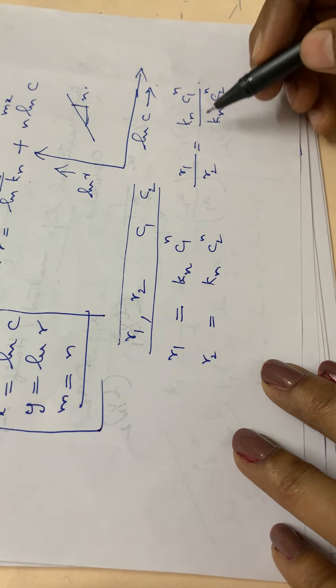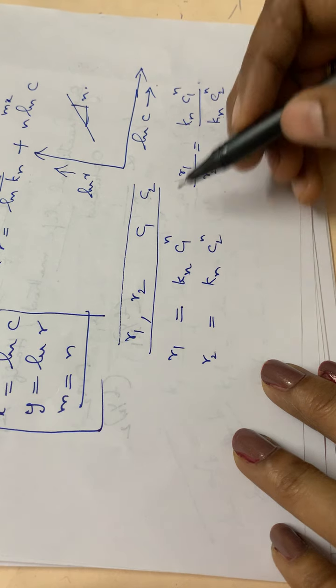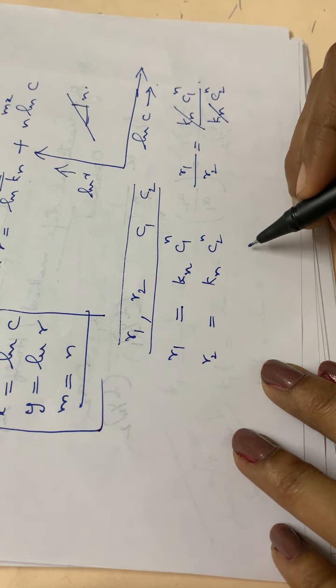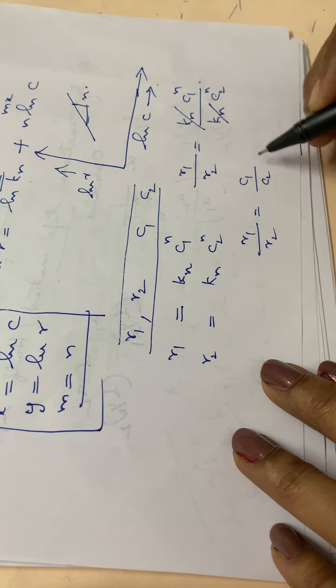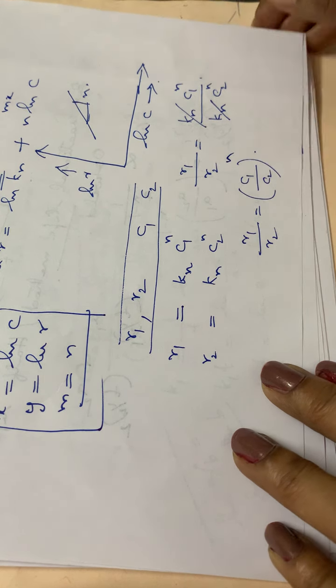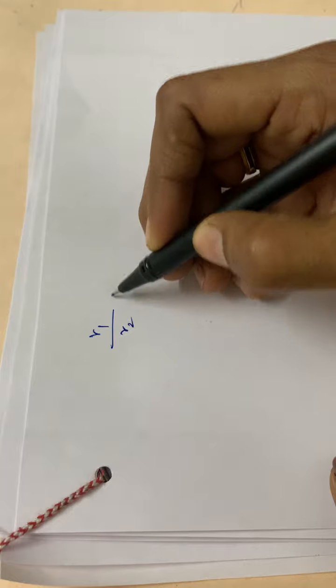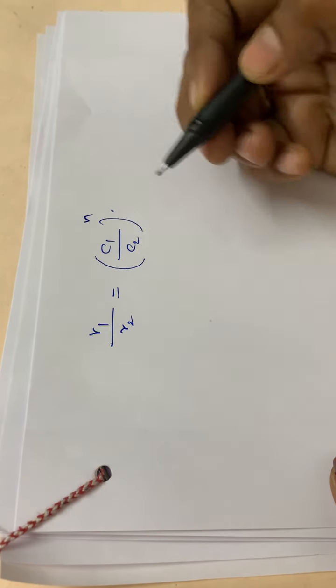Again, Kn got cancelled. So R1 by R2 is equal to C1 by C2 the whole raised to n.